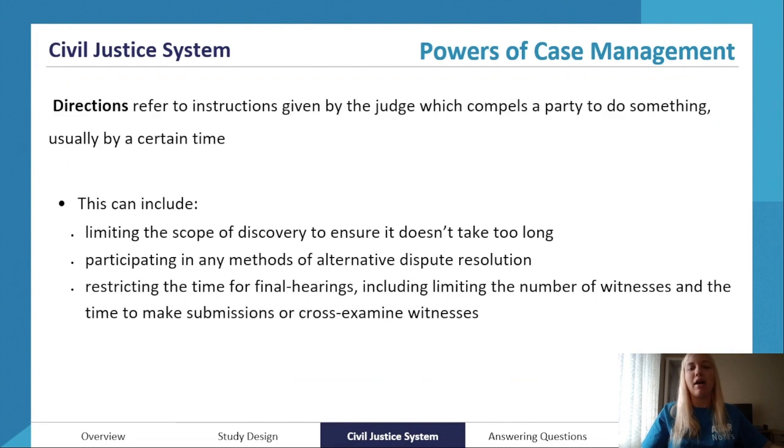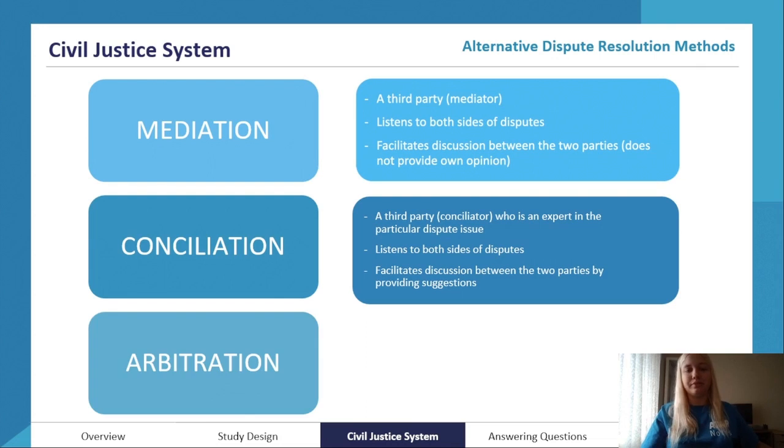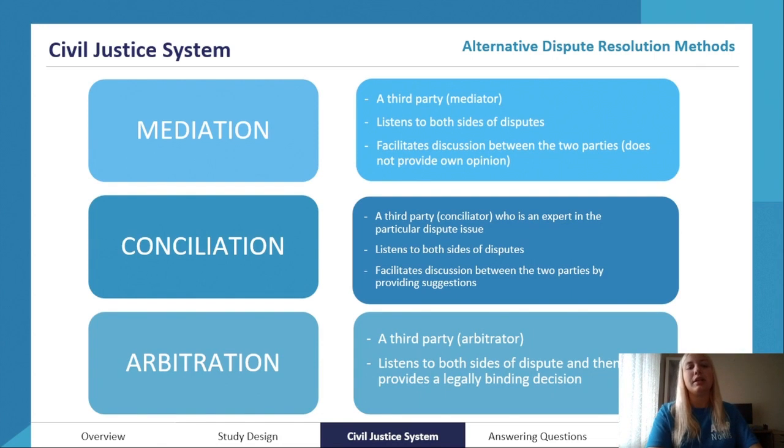Let's run through this now, I think. So this is what you need to know. Mediation is an alternative dispute resolution method that uses a third party called a mediator that will listen to both sides of the dispute.